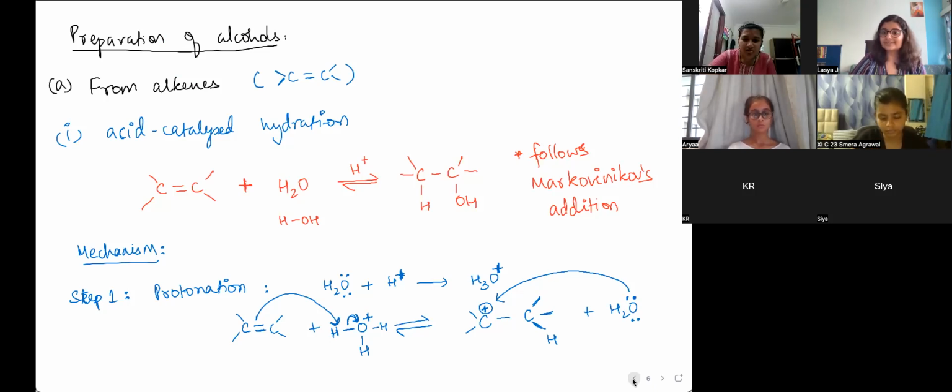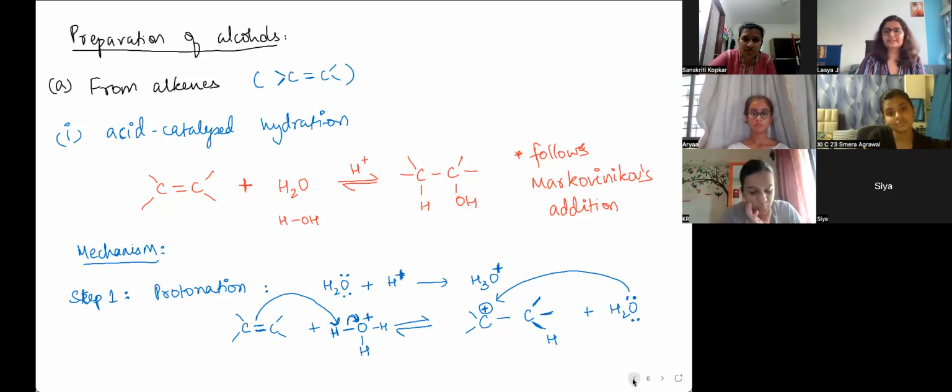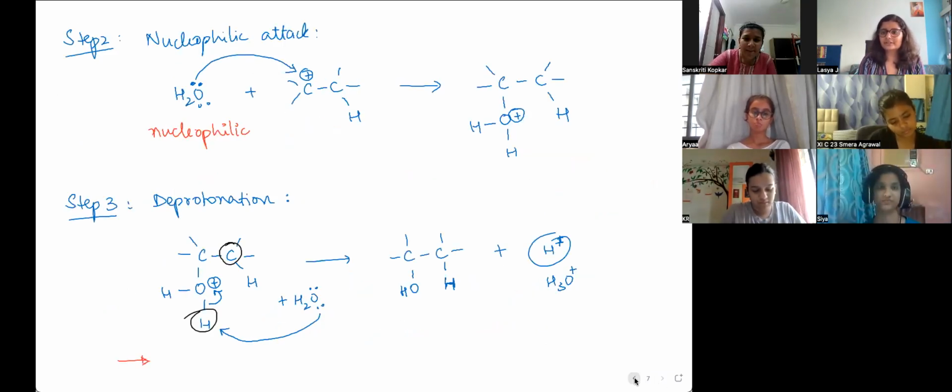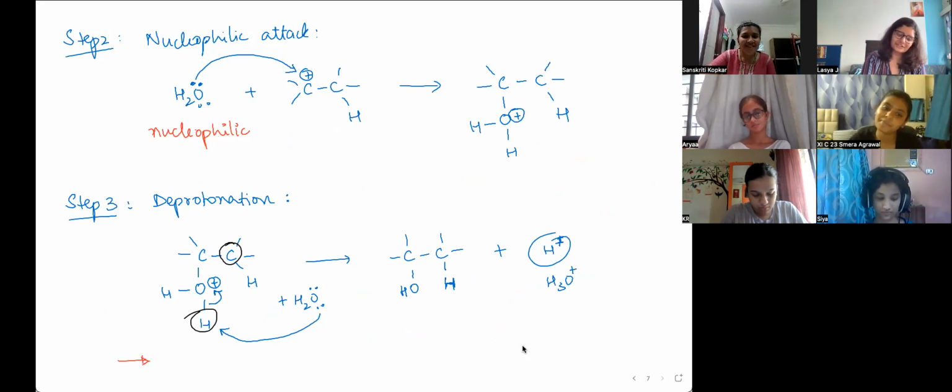Smera, Arya, Sanskriti, what do you guys say? Is it electrophilic or nucleophilic? Or is it none of these? This type of addition, is it an electrophilic addition, nucleophilic addition?